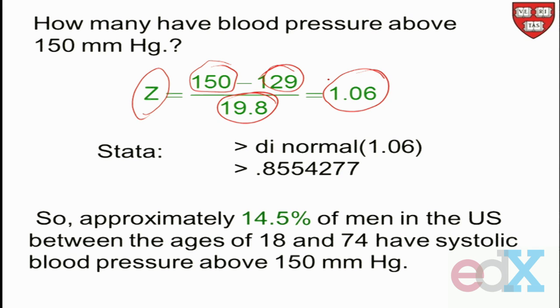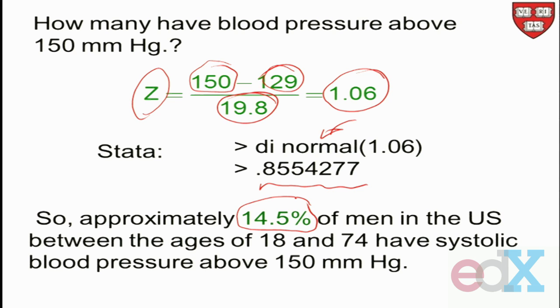So we can ask Stata, what is the area to the left of 1.06? That's the function normal. And it comes back with 0.855. Approximately, 1 minus this, which would be 14.5%.